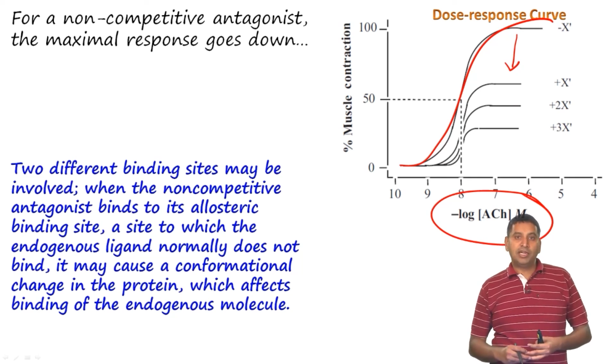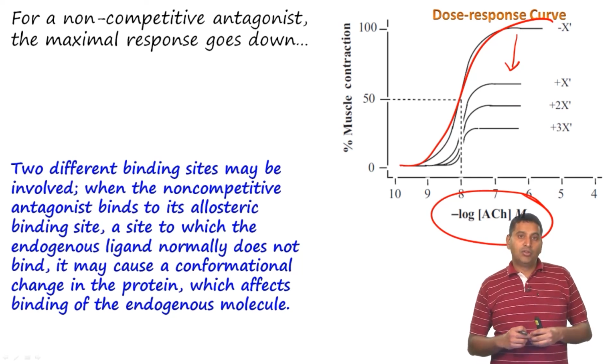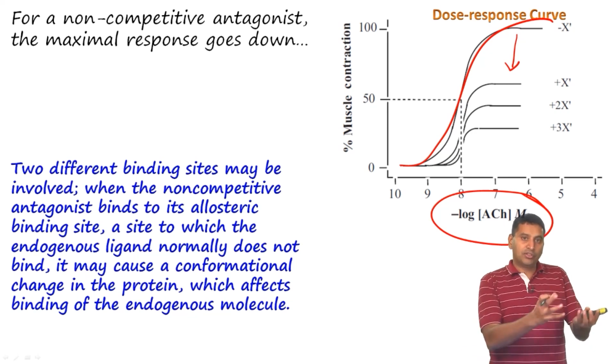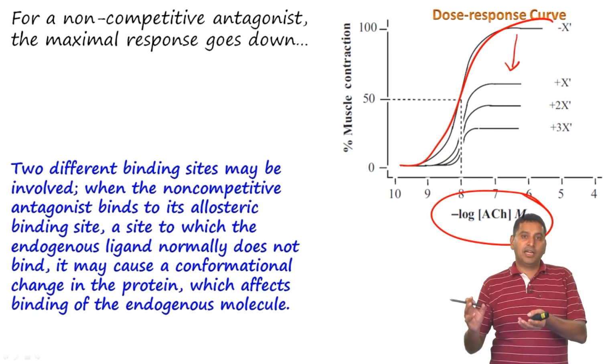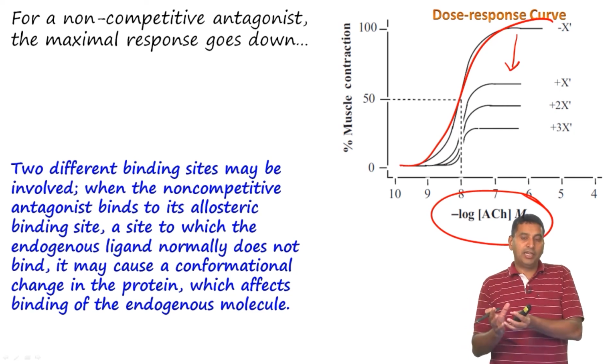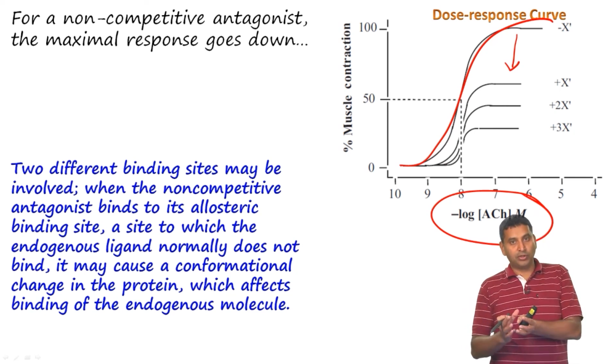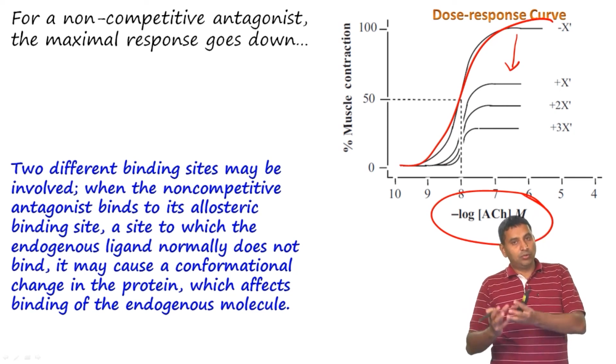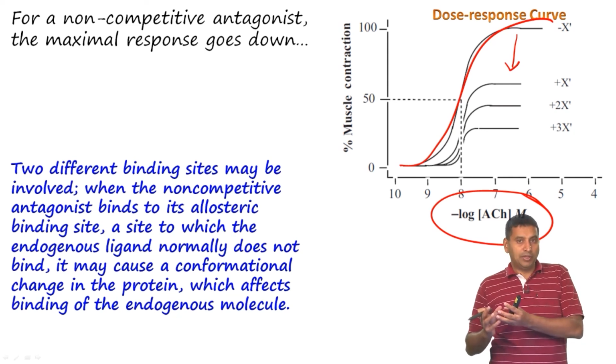So, two different binding sites may actually be involved. One is where the non-competitive antagonist binds, and because it is an allosteric binding site, the actual binding site of acetylcholine is going to be altered, and because of this alteration you will not see the same effect.